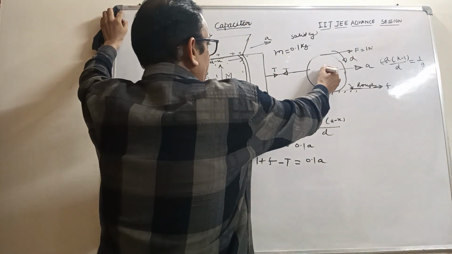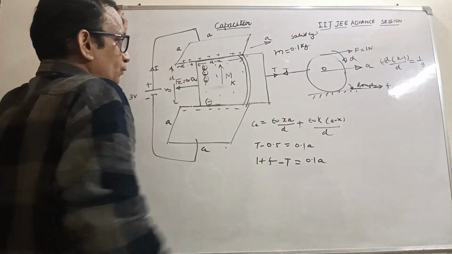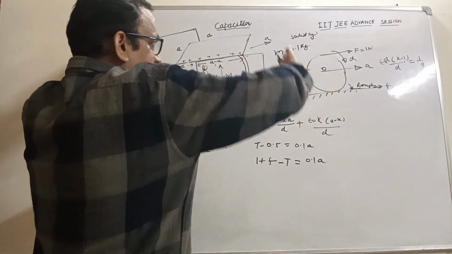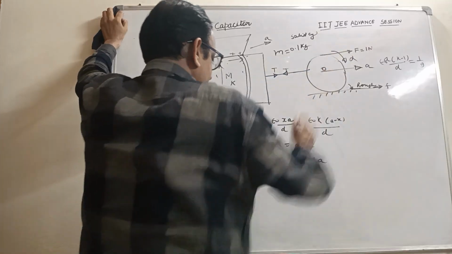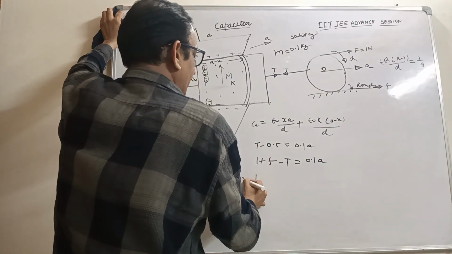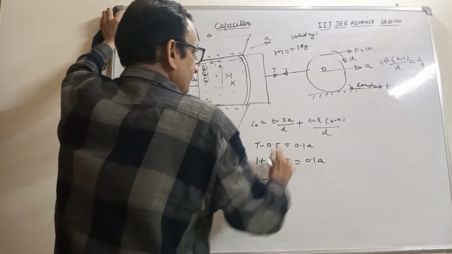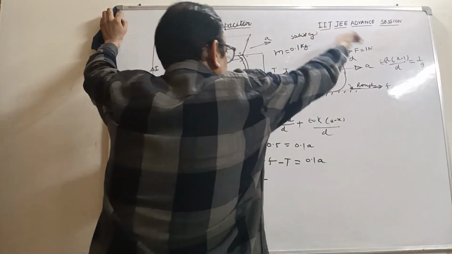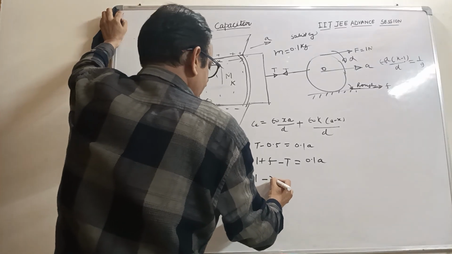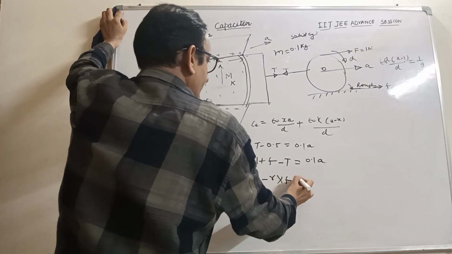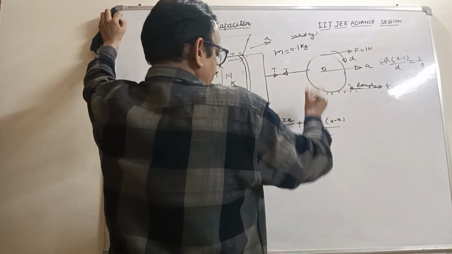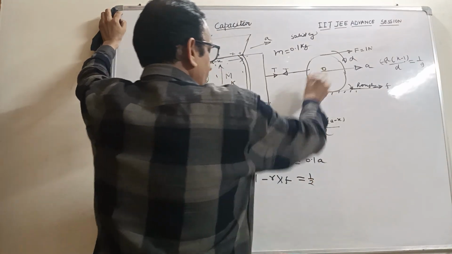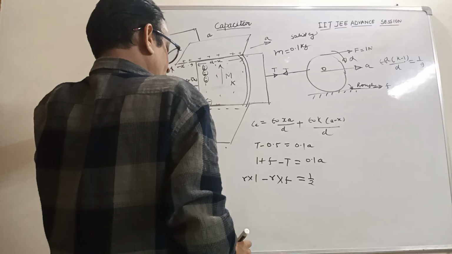Taking torque about this point, let O. So torque will be R cross F for this. So we write R cross 1 minus this frictional force torque; this torque is anti-clockwise, this torque is clockwise. So this becomes R cross F is equal to half mr square, which is the moment of inertia of the solid cylinder.